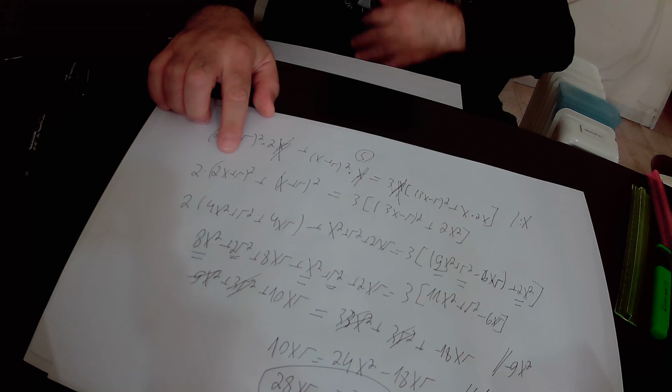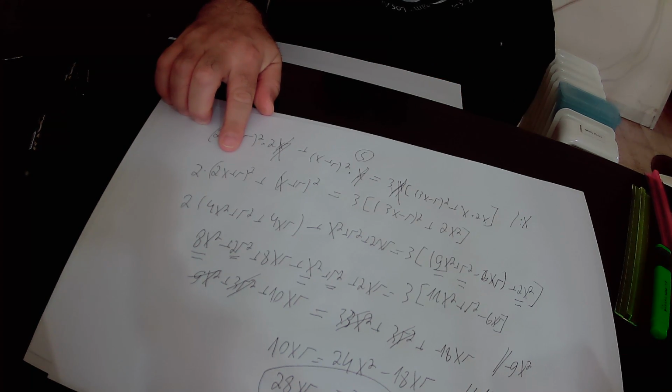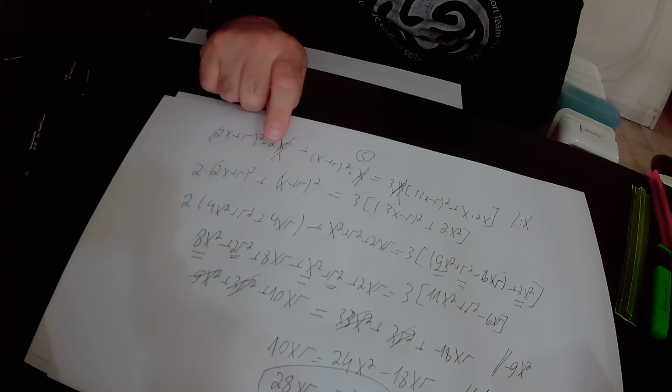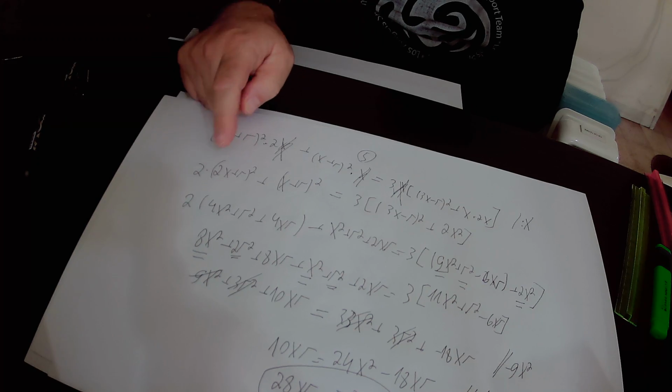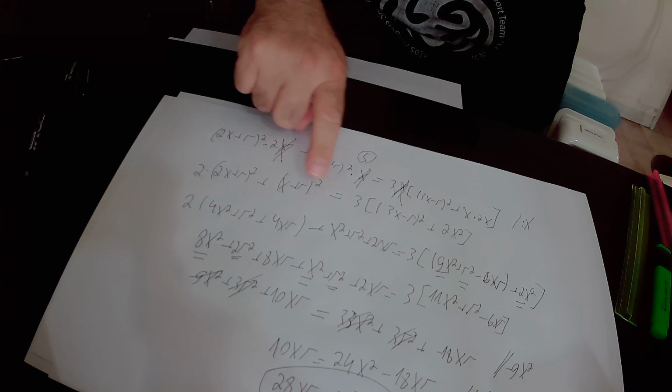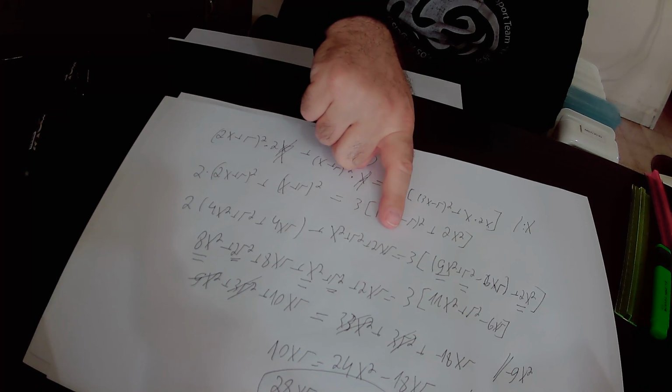Here we open the brackets of 2x plus r squared. (2x plus r) squared equals 4x squared plus r squared plus 4xr. Times 2. (x plus r) squared equals x squared plus r squared plus 2xr.